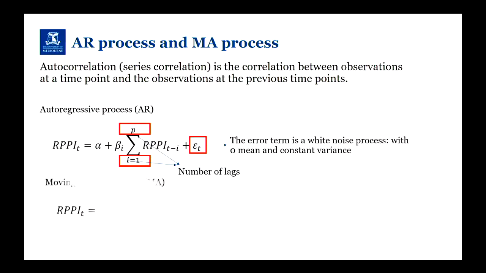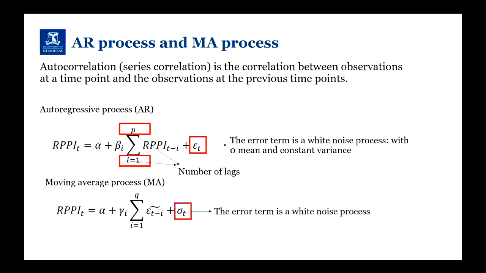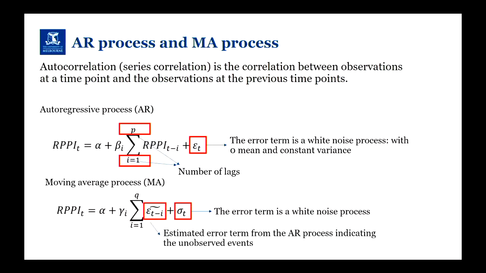And there is another process which is called the moving average process. So in this case, the autocorrelation is mainly derived from the error term, which indicates some unobserved events. Okay, so maybe the income may influence the house price, and the income is autocorrelated.